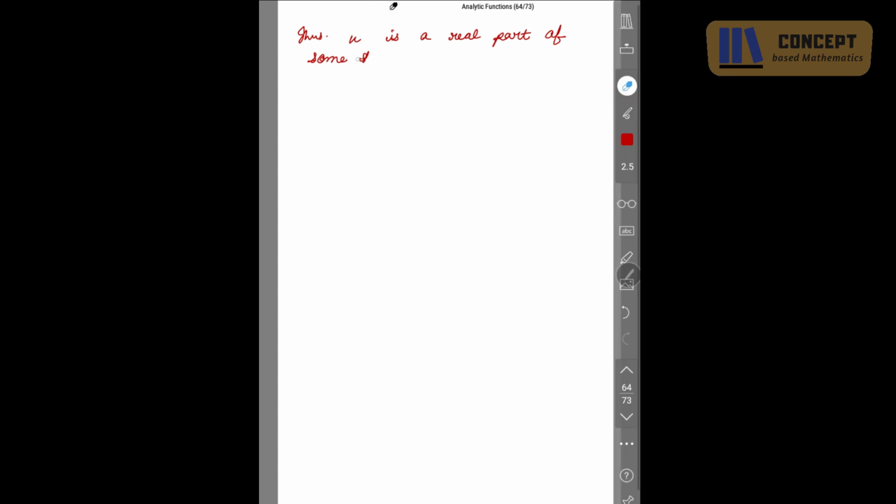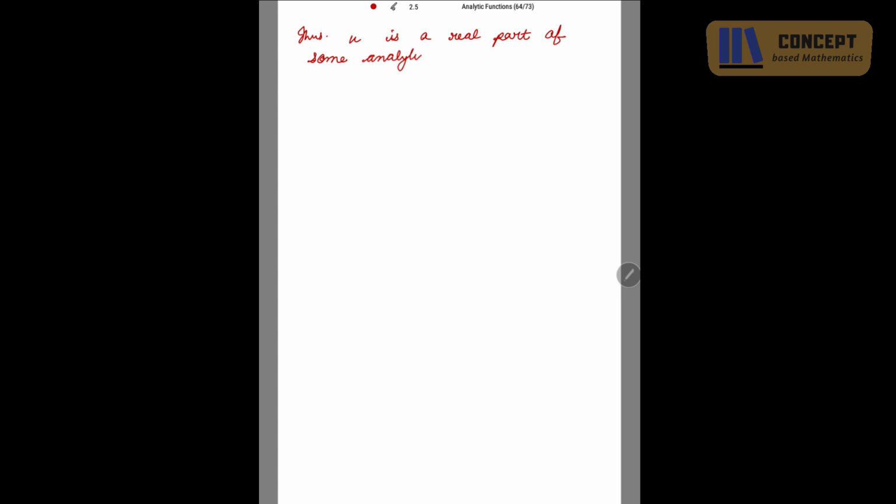That remark is, if u is a harmonic function, then it is a real part of some analytic function in the domain D. So now what is that analytic function? I suppose that f of z is equal to u plus iota v be the required analytic function.